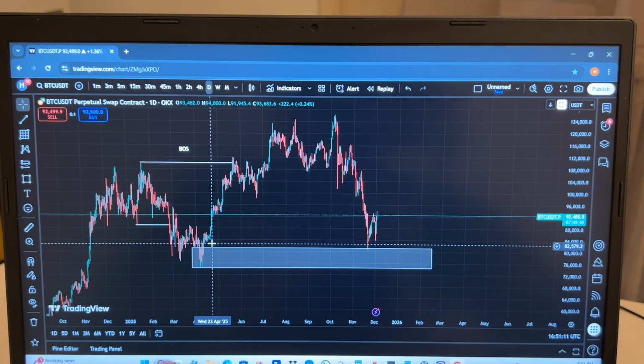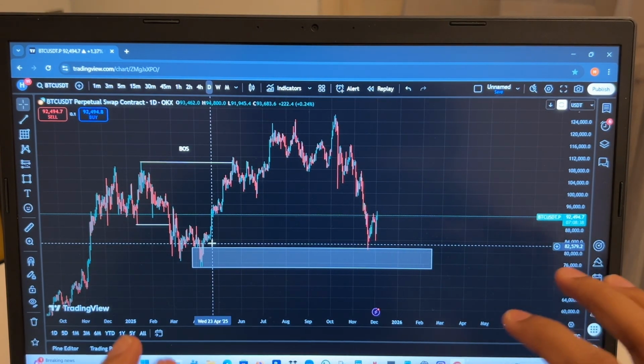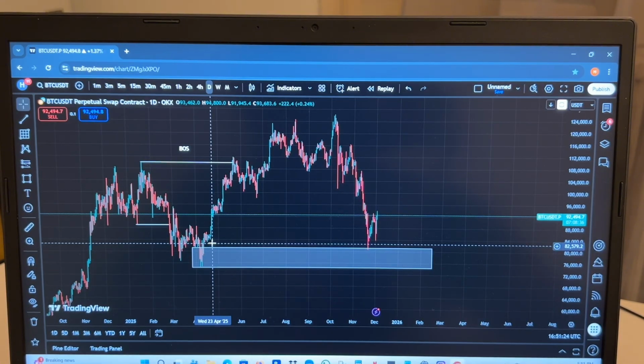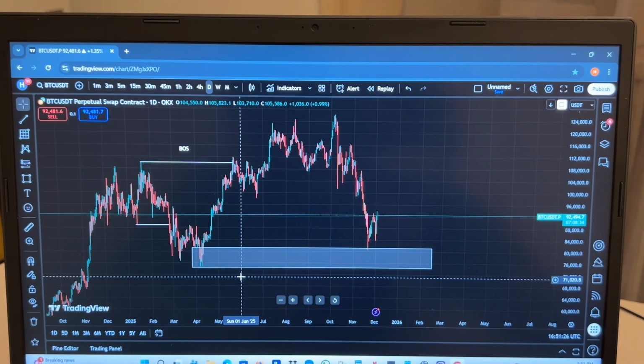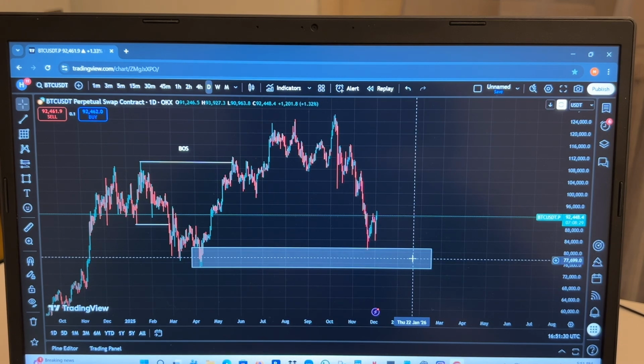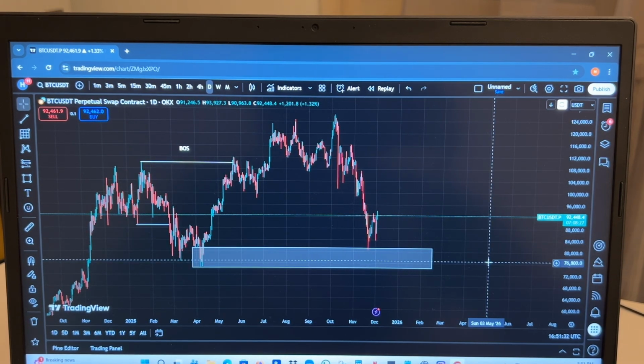We'll talk about that in a different video. In the future we'll get a bit deeper, because we have to talk about confirmation and a lot of other stuff. So we'll leave that for now. This is a good example, and this is a good order block.